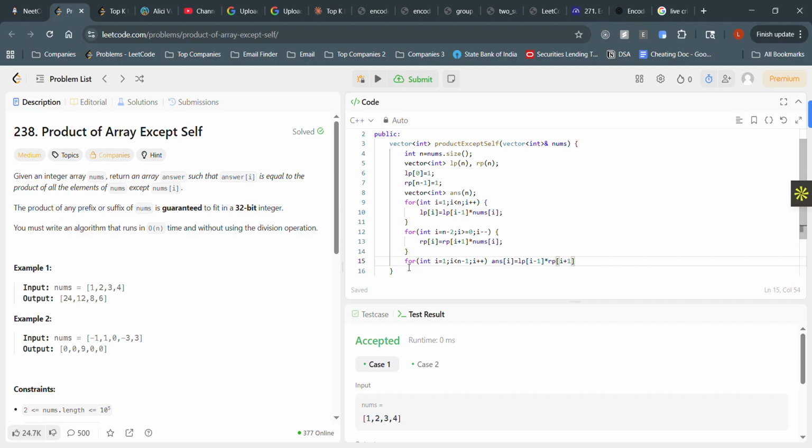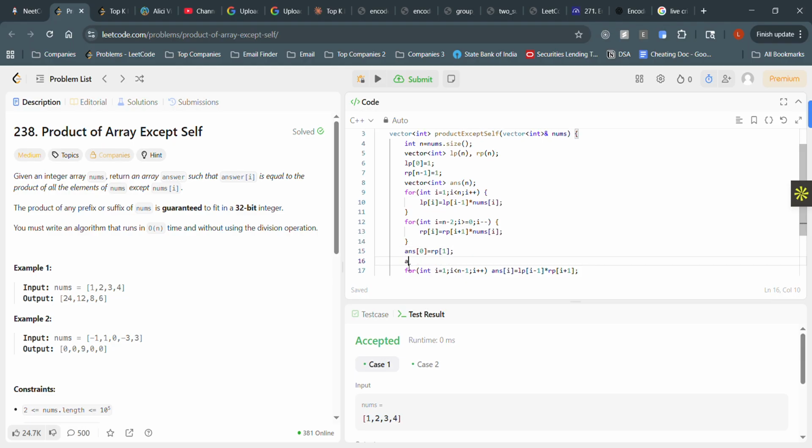And we know that for extreme values, we can write answer of 0 to be equal to right product of 1, and answer of n minus 1 to be equal to left product of n minus 2.